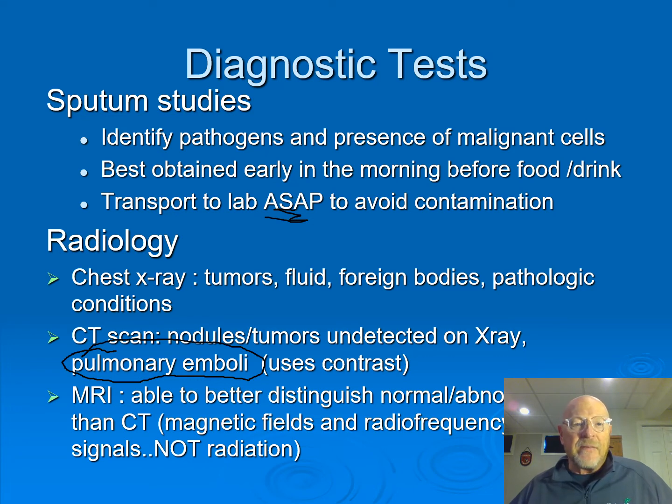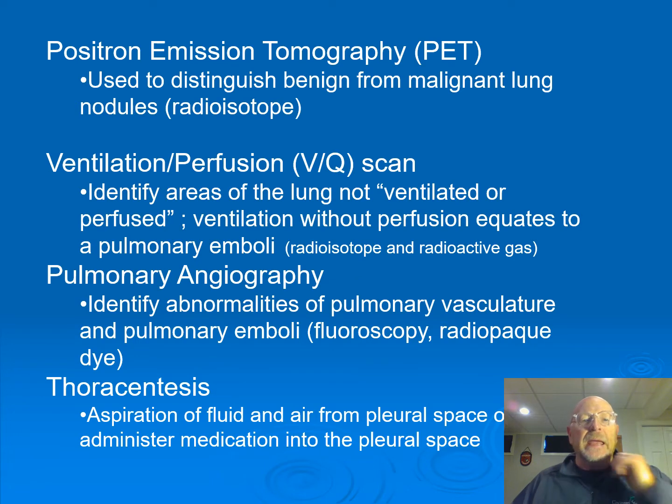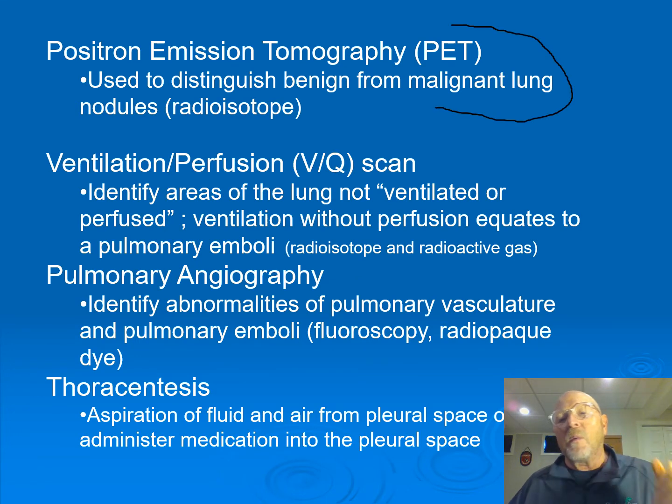All right, and then we have MRIs. And let's talk about this one, a PET scan here. Let's say that a scenario might be that a patient goes in for a routine physical, and the doctor notices that there's some shadowing on the X-ray, looks to be some sort of an abnormal accumulation of cells.